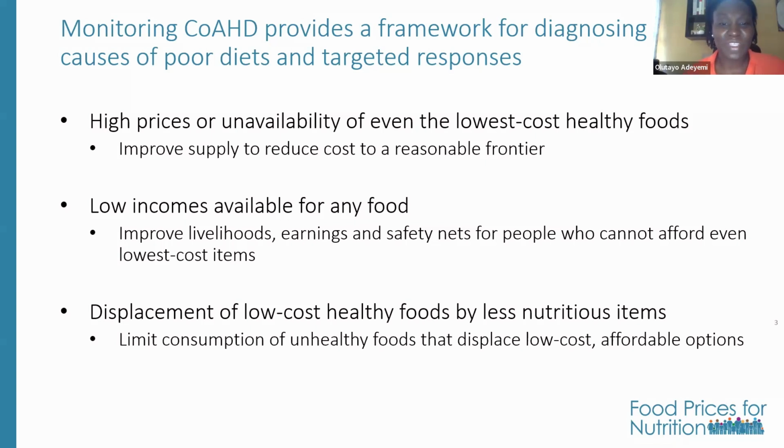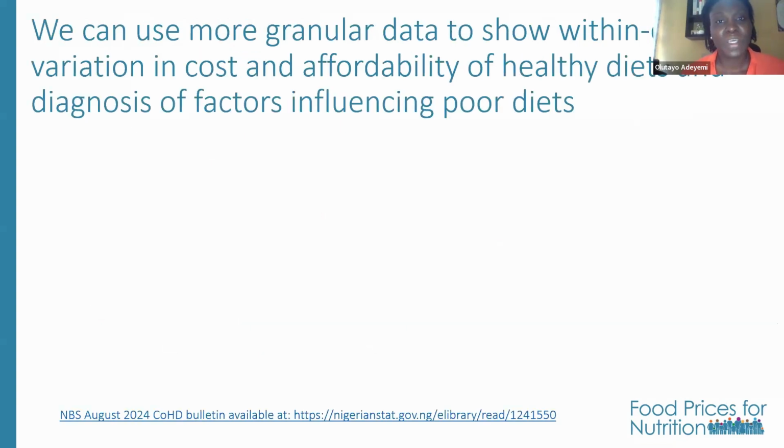And so by consuming those things, maybe they don't consume vegetables or they don't consume fruits. And so in the case where low-cost healthy foods are being displaced by more expensive ones so that people cannot consume a healthy diet, or they are being displaced by even less nutritious items like sweets, one of the decisions that can be taken to improve healthy diets is to limit the consumption of the unhealthy foods.